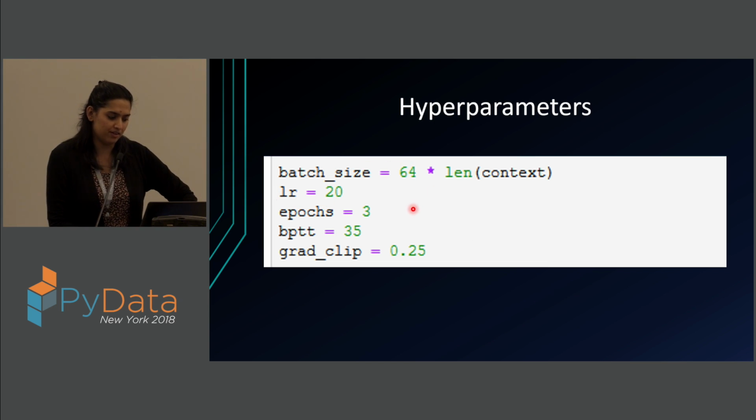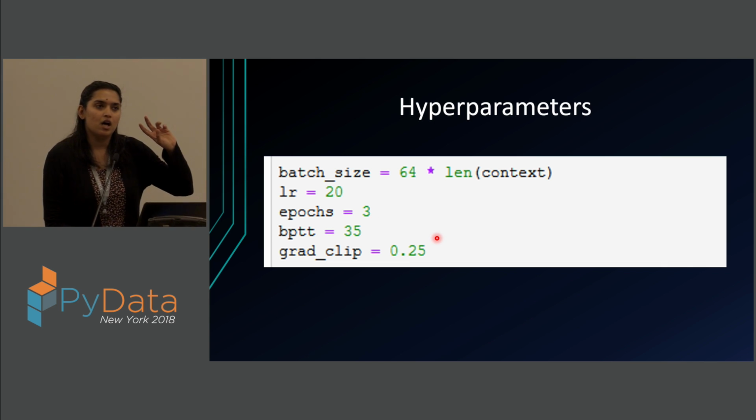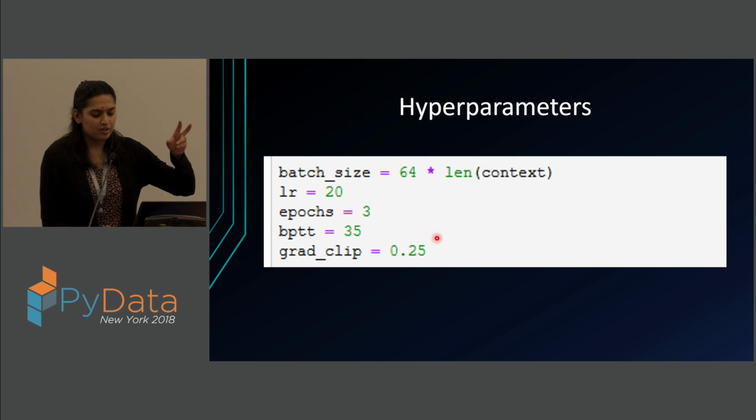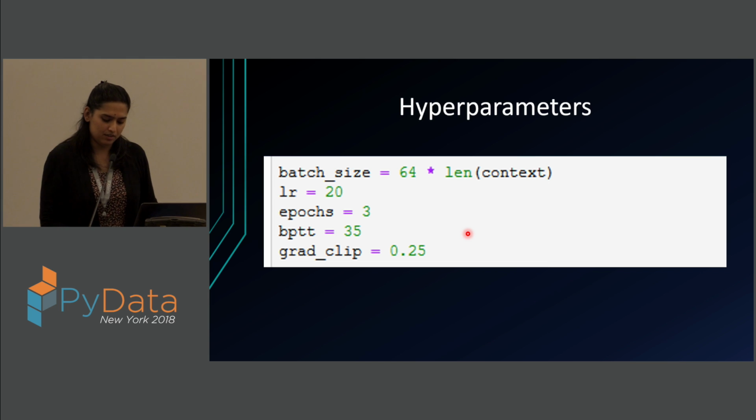All of these variables should be, by and large, quite familiar. This is the batch size, the learning rate, the number of epochs, which is probably too low, except for demo purposes. The BPTT is the backpropagation through time parameter used in the batchify call that we'll just see, and the gradient clipping numbers.